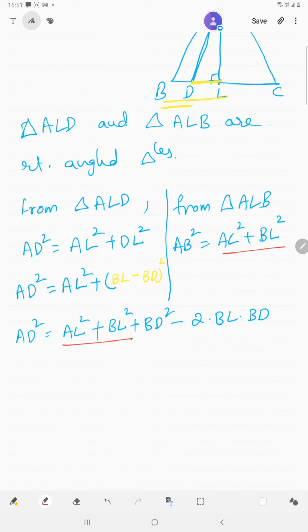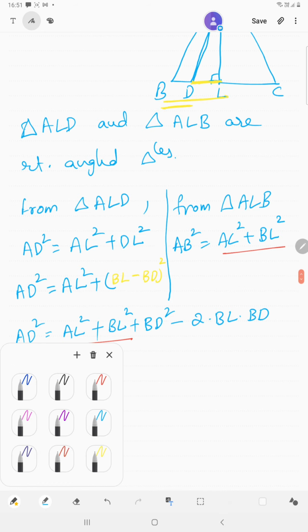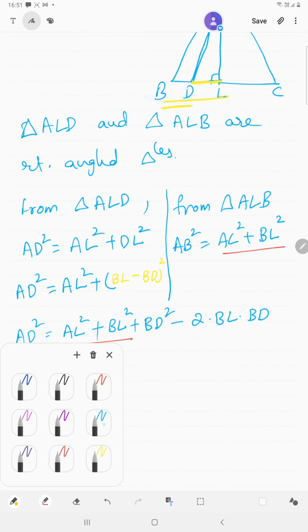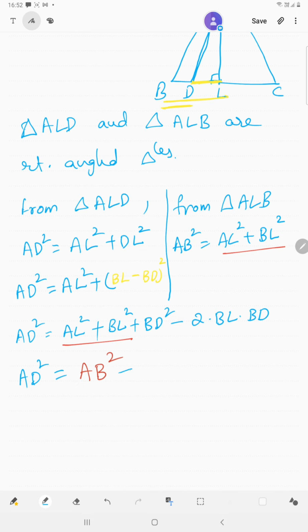AB square. Therefore replace it. AD square is equal to AL square plus BL square is AB square, and the remaining part is same, plus BD square minus 2BL into BD.